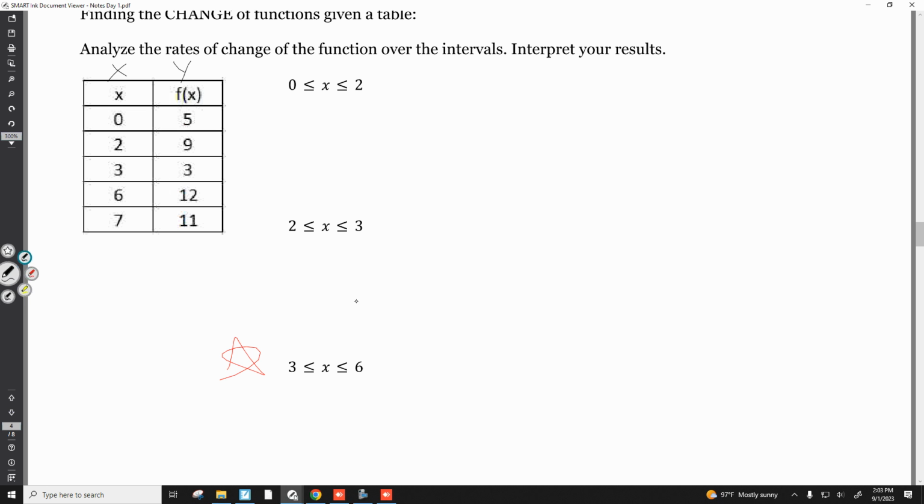I end at 12. I started at 3. I had a net change of 9, while my x's had a net change of 3. On average, f of x went up 3 y per x. Do 2 to 3. Go.